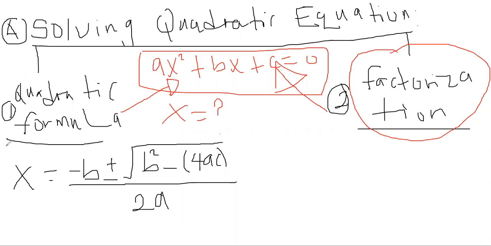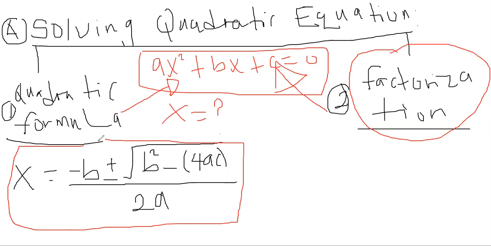So this is the quadratic formula that we use to solve a quadratic equation. This is something everyone should know. It will not be given to you; you should memorize it or find a way to remember it.